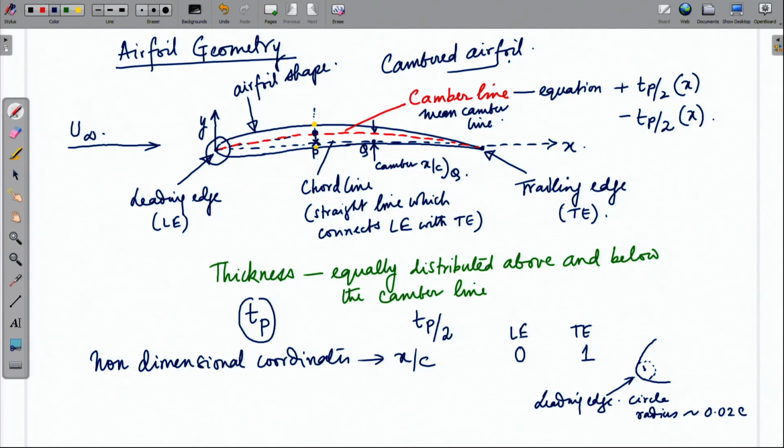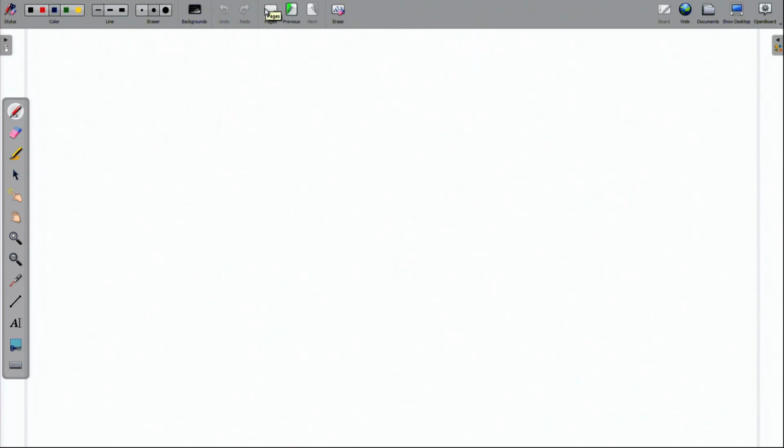That means, this is the leading edge radius. We would call it the leading edge radius. It is circular in shape. So, this is as far as basics of airfoil geometry is concerned.